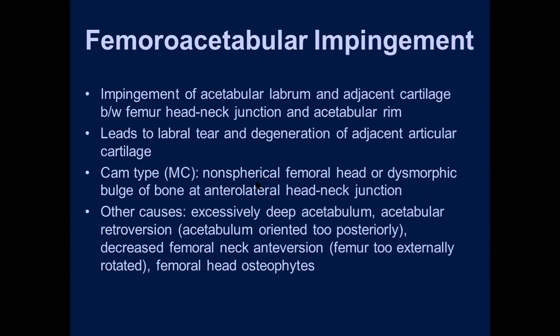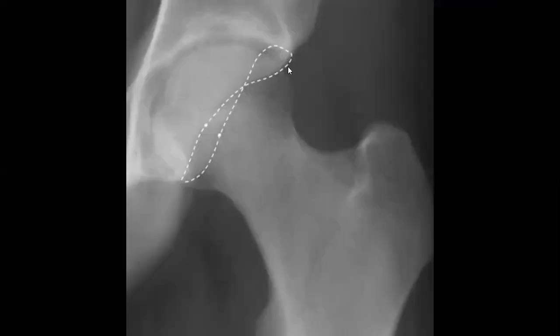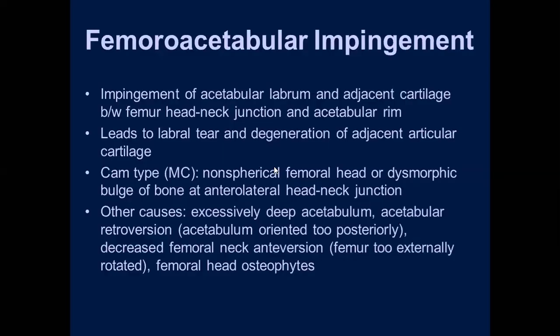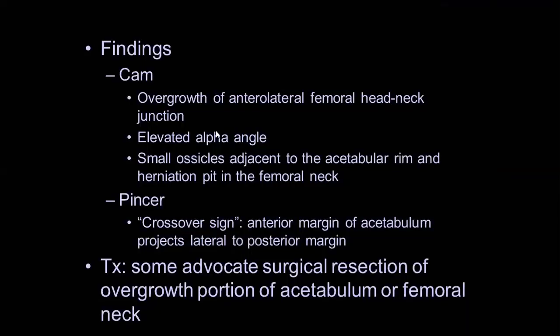Which type is this one? This is the over coverage, right? So this is the over coverage type, the pincer type of femoroacetabular impingement. Yes. So this is the cam type.